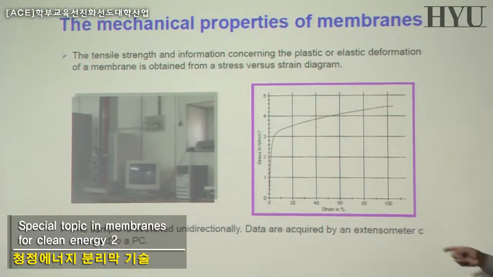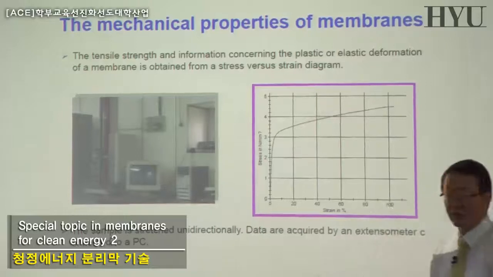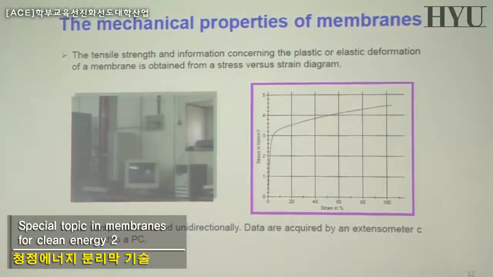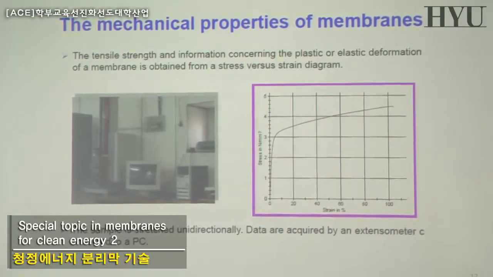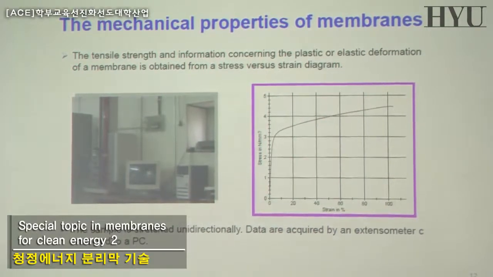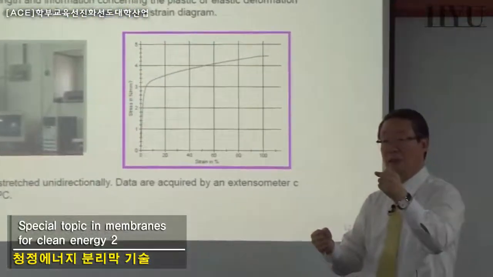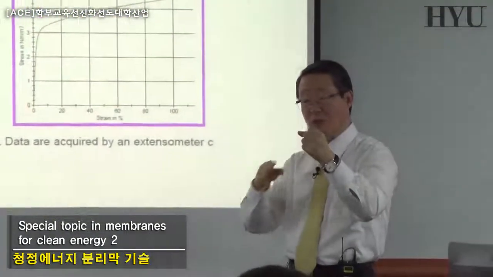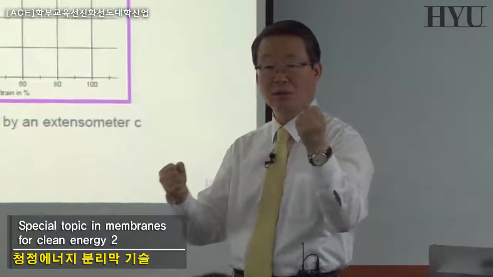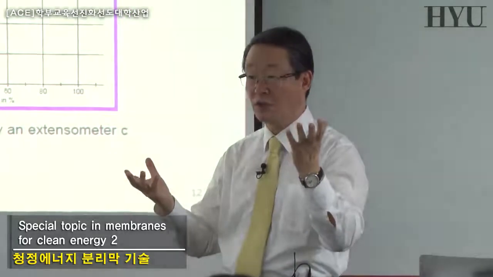Now, the initial slope of the stress versus the strain is called what? It's called Young's modulus, because this is like a spring constant. If you look at a spring, it will be stretched at a constant rate, and this is called the spring constant, or Young's equation.